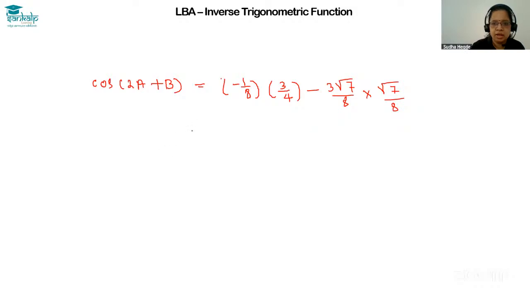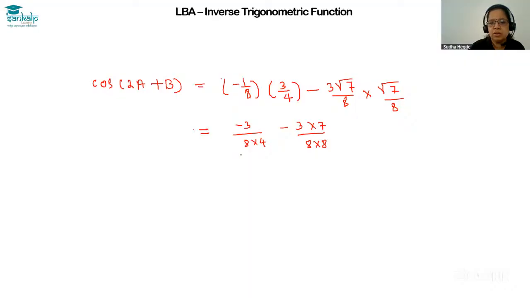Correct? That is equal to minus 3 divided by 8 into 3 by 4, minus 3 into 7 by 8 into 8.